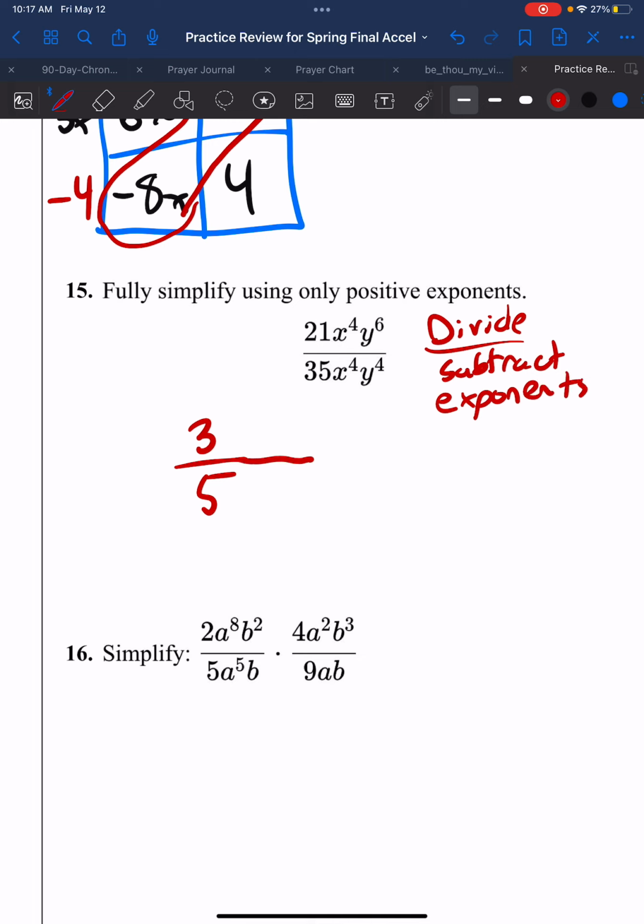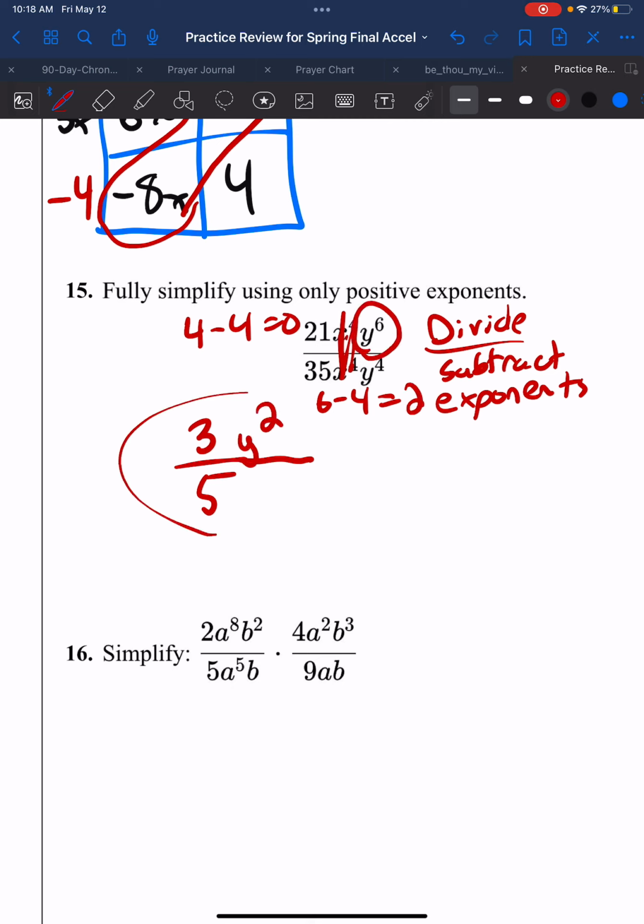On this first one, I'm going to have x to the 4th and x to the 4th. So 4 minus 4 gives me 0. So there's no x's left. And then here I've got 6 minus 4, which gives me 2 for the y's. And there's more y's on top, so I'm going to have y squared on top.